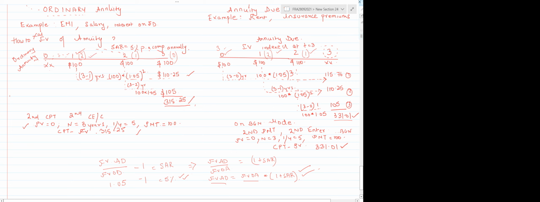But under ordinary annuity, the first cash flow is compounded for 2 years, the second for 1 year, and the third is not compounded at all, right? So under annuity due, we are compounding our cash flow for one period more compared to ordinary annuity while calculating future value, right? Any doubt in this, please?